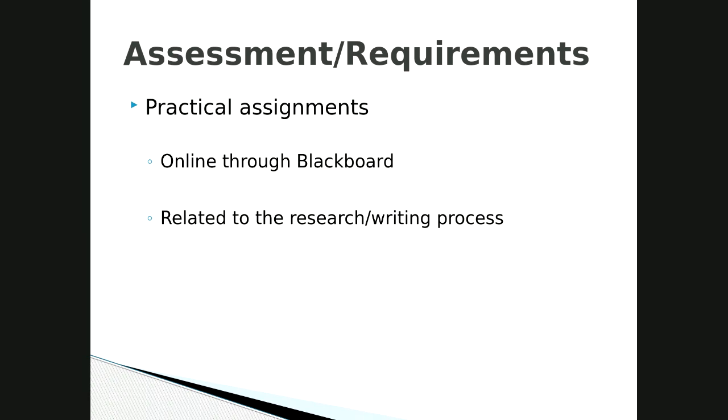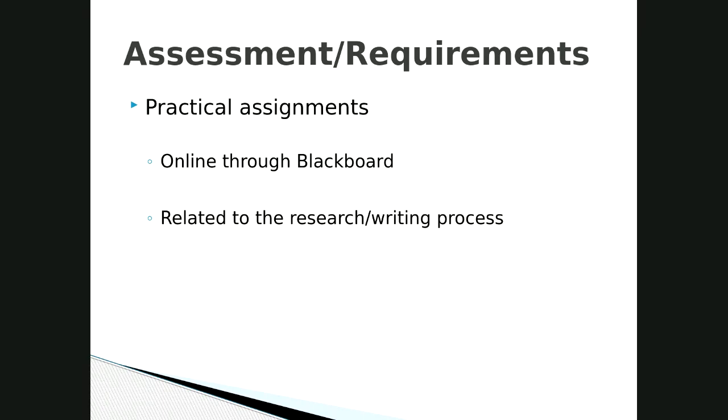So for example, there'll be assignments asking you to use the library's website to find specific sources, and then talk a little bit about what those sources are to demonstrate, hey, I was able to find them.